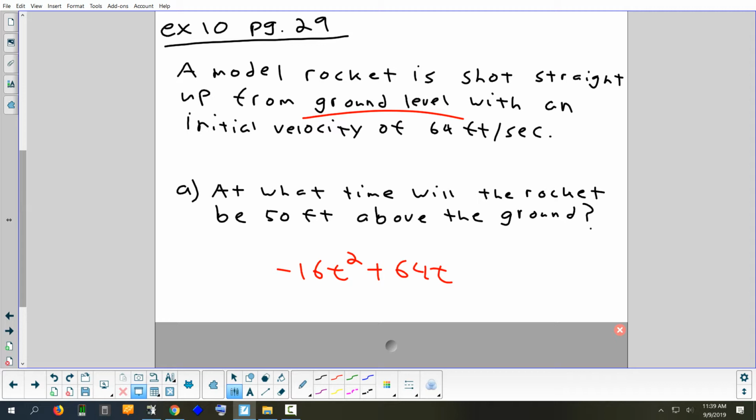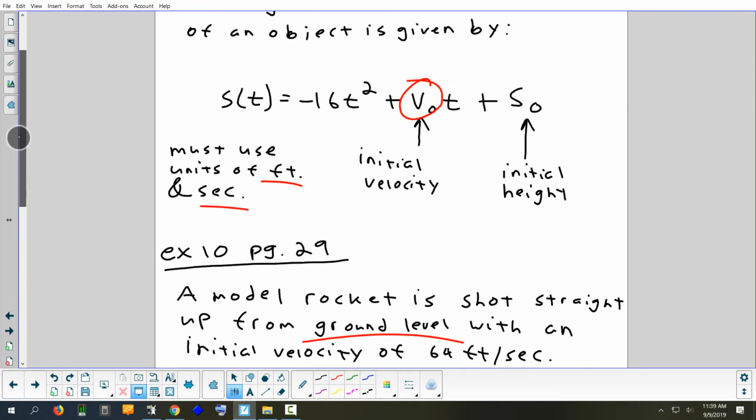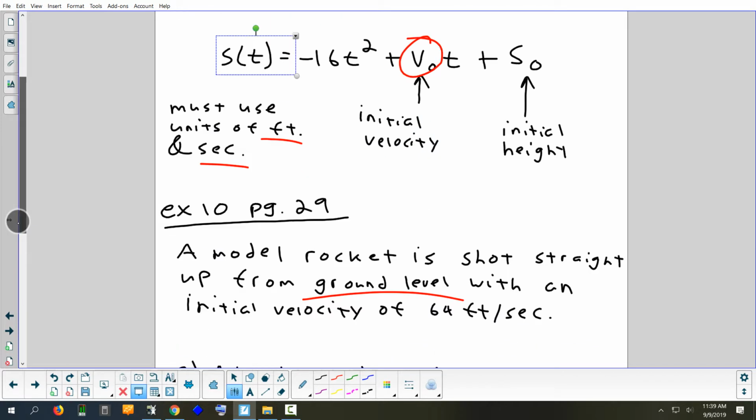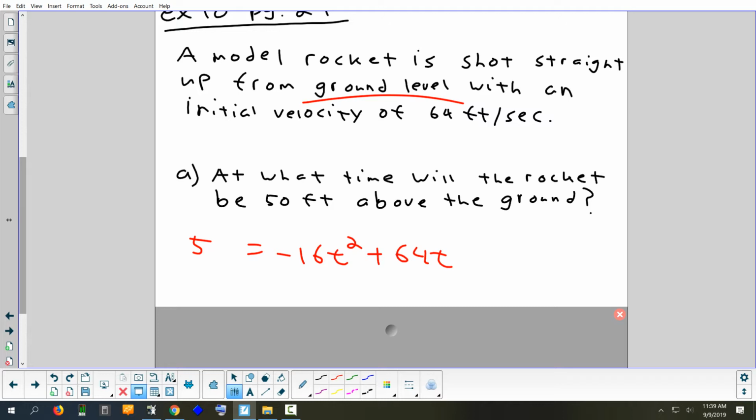So what's the initial height? 0. 0, so you don't need plus 0. And the question is, when will it be 50 feet above the ground? So S sub t, that's the height that you're solving for. So there's my equation.